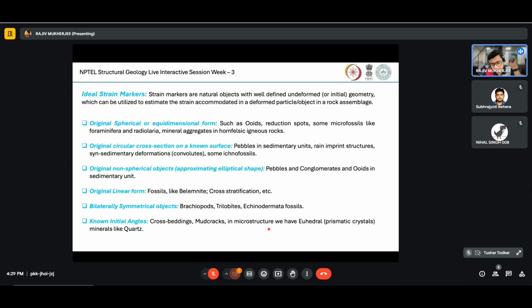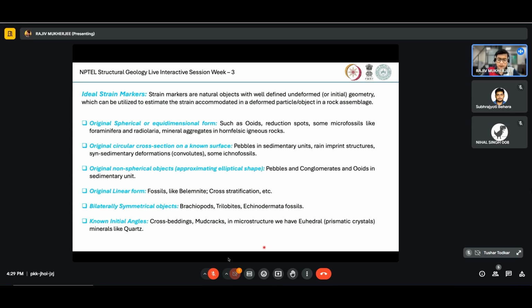And for microstructural studies, we see euhedral or prismatic crystals like quartz, and we use them as reference grains to see whether there is a development of SPO.